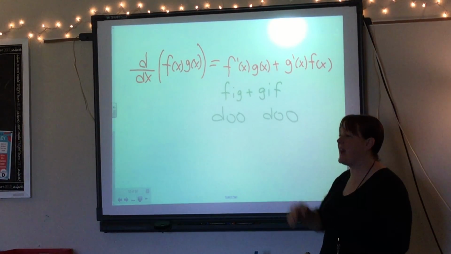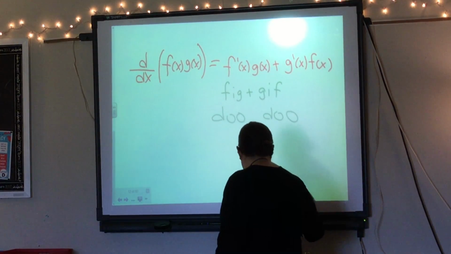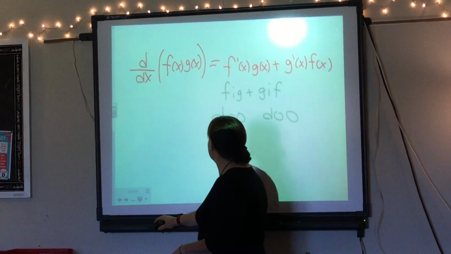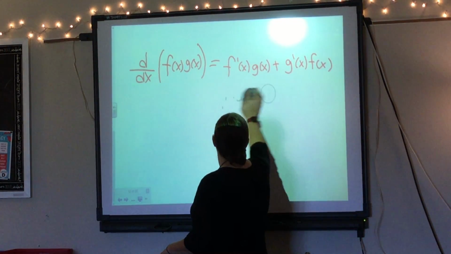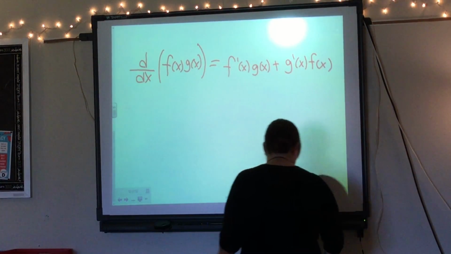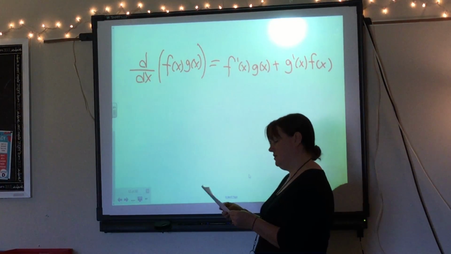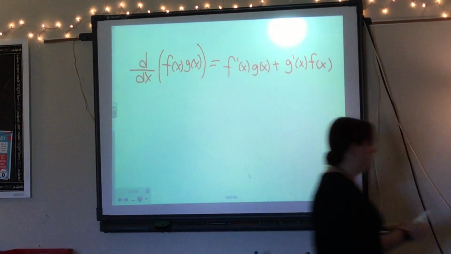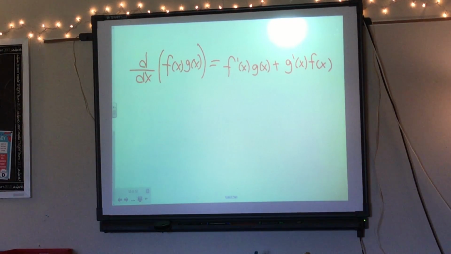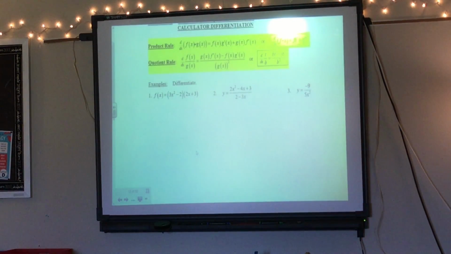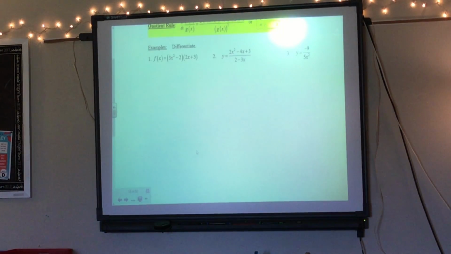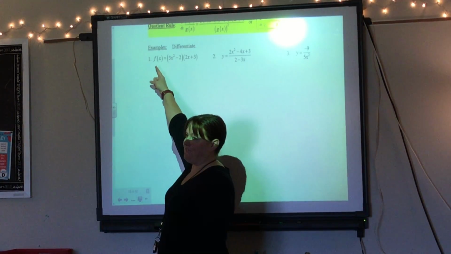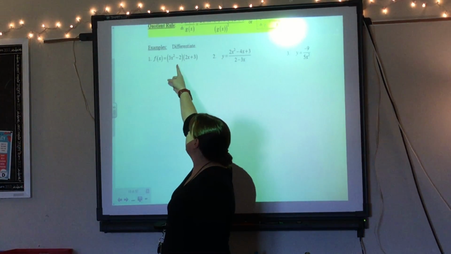Okay, so let's look at how this actually works. In your notes, you can grab your books, and we have a couple of examples. All right, so here's a function, and it's defined as two different functions multiplied together.